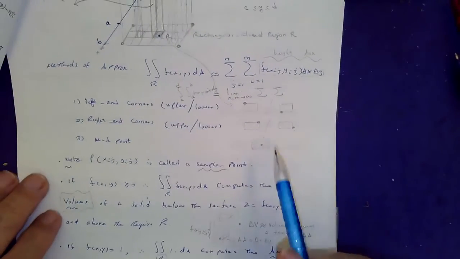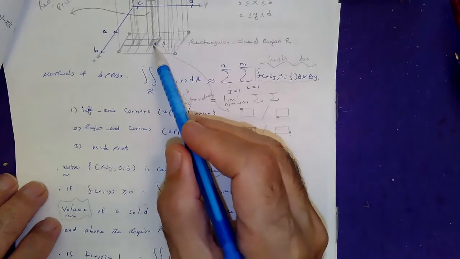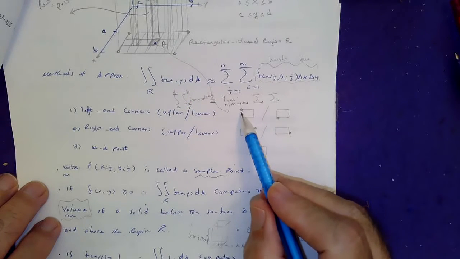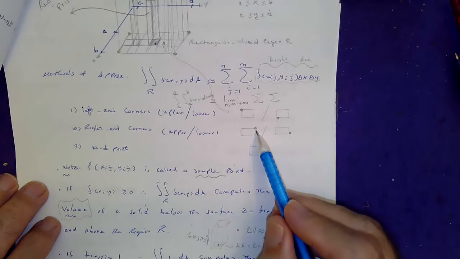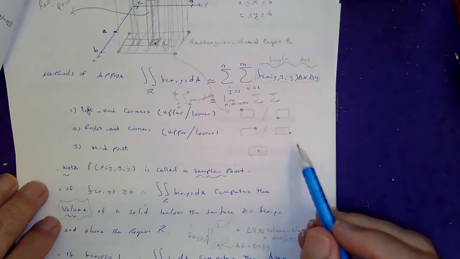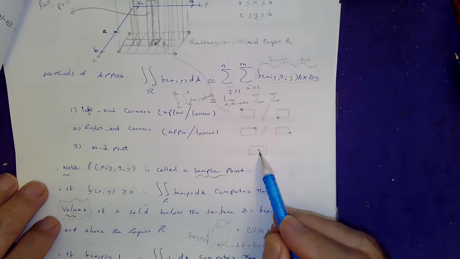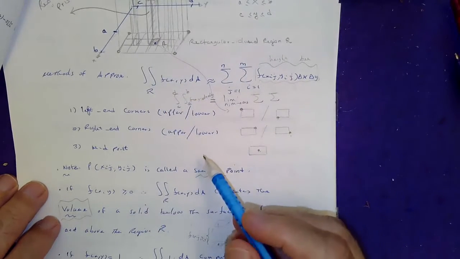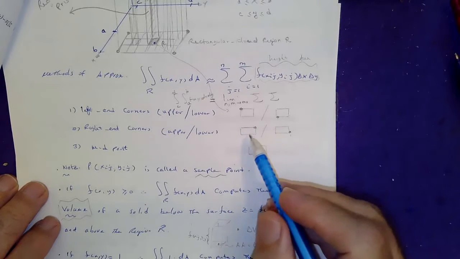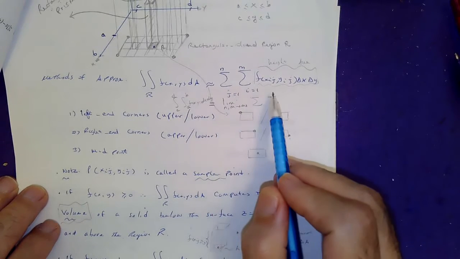In the double integral, because you're dealing with a rectangular region, you use either the upper left corner, lower left corner, upper right corner, lower right corner, or the midpoint of the box on the xy plane. So there are 5 different ways of approximating a double integral.